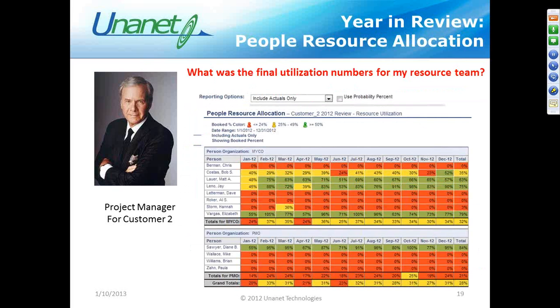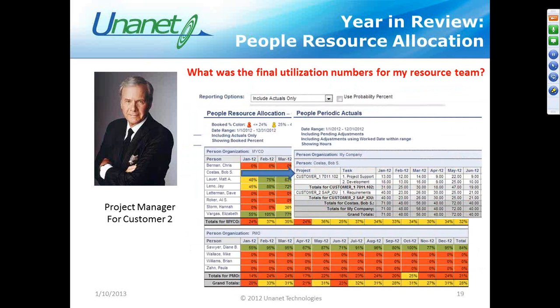Ideally, you should not be seeing any unbalanced resource loading for 2012. Here I've got several people that didn't even work at all in my demo database. Now the great thing is you can drill down on a resource name. Here, for instance, I've drilled down into Bob Costas, and I can view the projects, and even at the task level, what Bob charged time to this past year at the same periodic level as the report, in this case monthly.